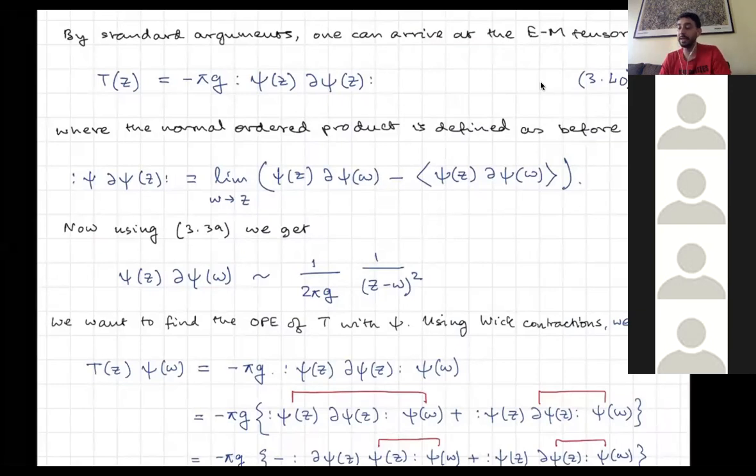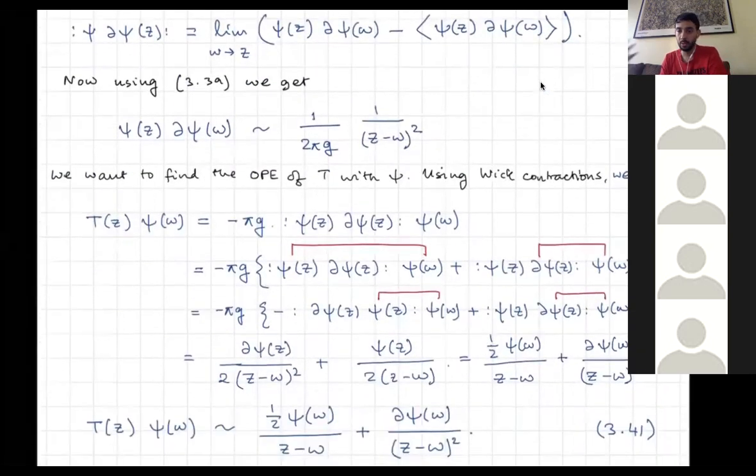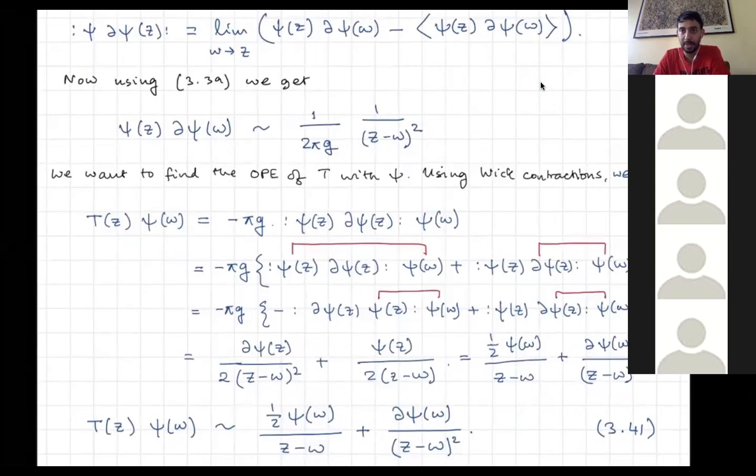You can look at the same games again with contractions. Let me spend 2 minutes trying to explain this next one. You want to find out what the OPE of T of z with psi is. So you write down what T is: psi del psi, and there's another psi out here.